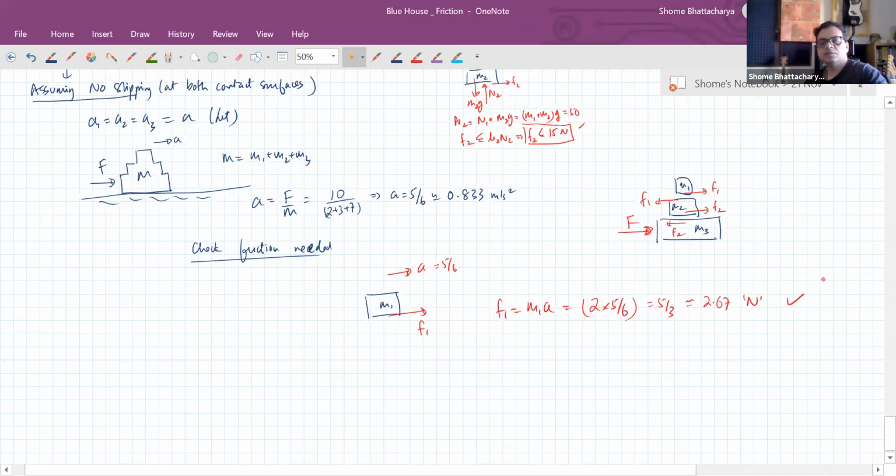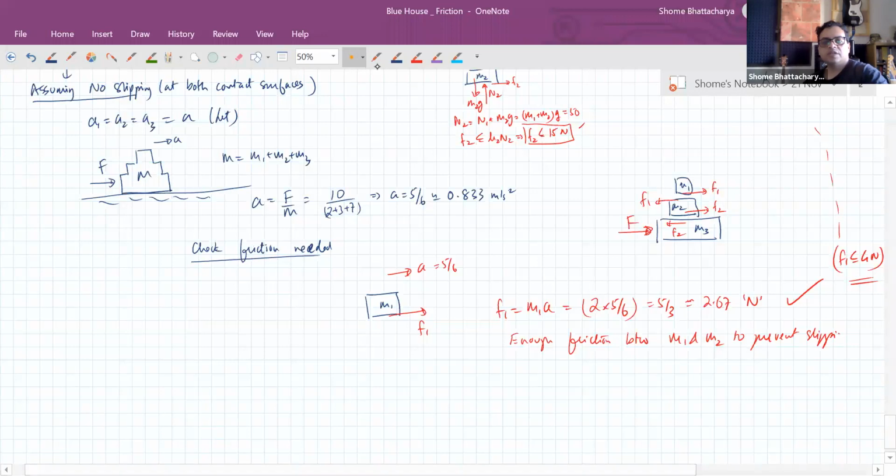Now see, is that available to us? Yes, because we have seen above that F1 is less than or equal to 4 newtons. So the maximum value we have is up to 4 newtons, and 2.67 is very possible. That means there is enough friction between M1 and M2 to prevent slipping.